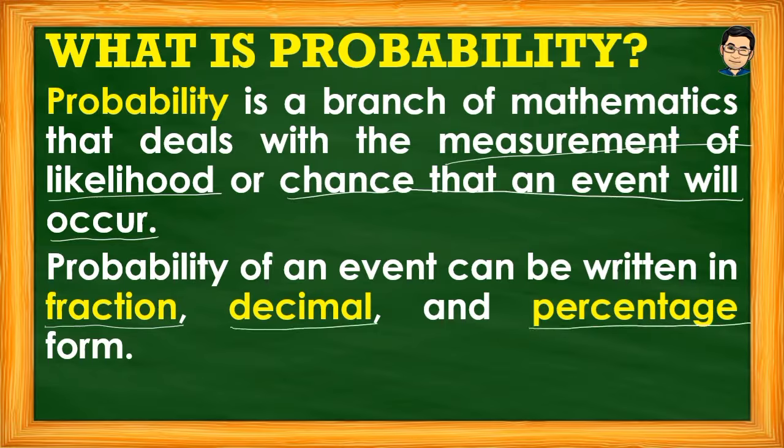Fraction, like for example, 1/2. 1/2 is a fraction. What else? Decimal, like for example, 0.35 or 35 hundredths, and then percentage naman, halimbawa, 45%. Ayan. So, the probability of an event can be expressed using these forms. So, kahit alin man dyan, basta tama naman yung sagot, walang problema.